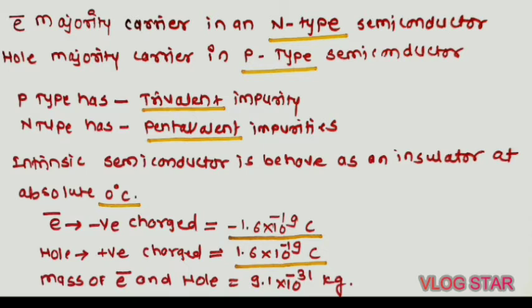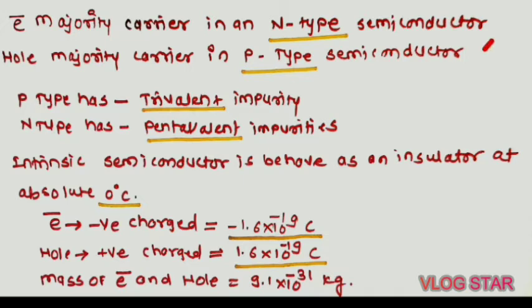As we know, in a semiconductor, electrons and holes are the two charge carriers present in the semiconductor material. The electron is the majority carrier in n-type semiconductor, and the hole is the majority carrier in p-type semiconductor.